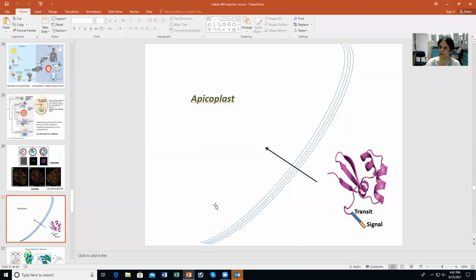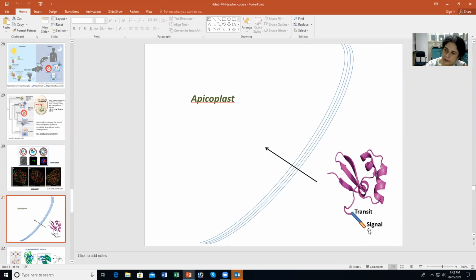So a lot of proteins that are targeted to the apicoplast, most of the proteins, there are exceptions, and I will not go into exceptions today, carry a signal sequence, which targets to the ER, and also carry a transit peptide. A transit peptide is not a fixed sequence, but it has certain features. It's basically positively charged, and you can have algorithms that can recognize putative transit peptides.